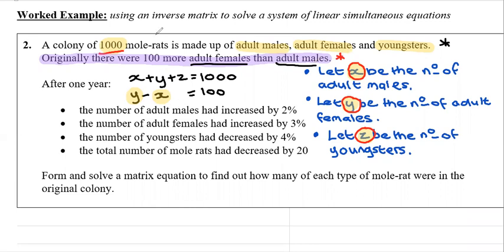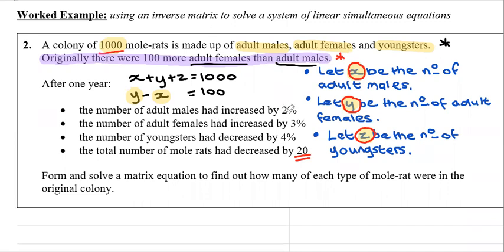So we're given a new scenario whereby after 1 year, there's been some changes in the numbers of males, females, and the youngsters. And then we're given a total change of number by 20. So there's been a decrease of 20 mole rats. Right. So let's have a look at how we can construct this third equation.